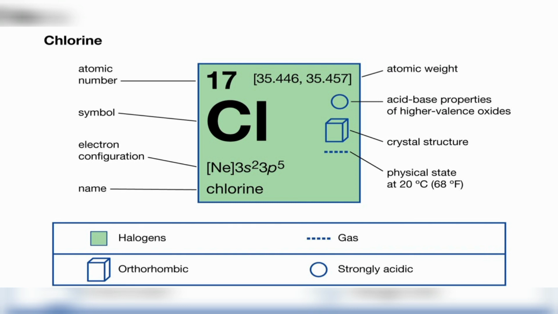Now, before I end the lesson, let me explain this neon core configuration of chlorine. Now, when we talk about the neon core configuration, the moment you hear the word core, it means you're talking about the inner part of the element or the atom in question. So neon core meaning that neon is the 10th element on the periodic table.